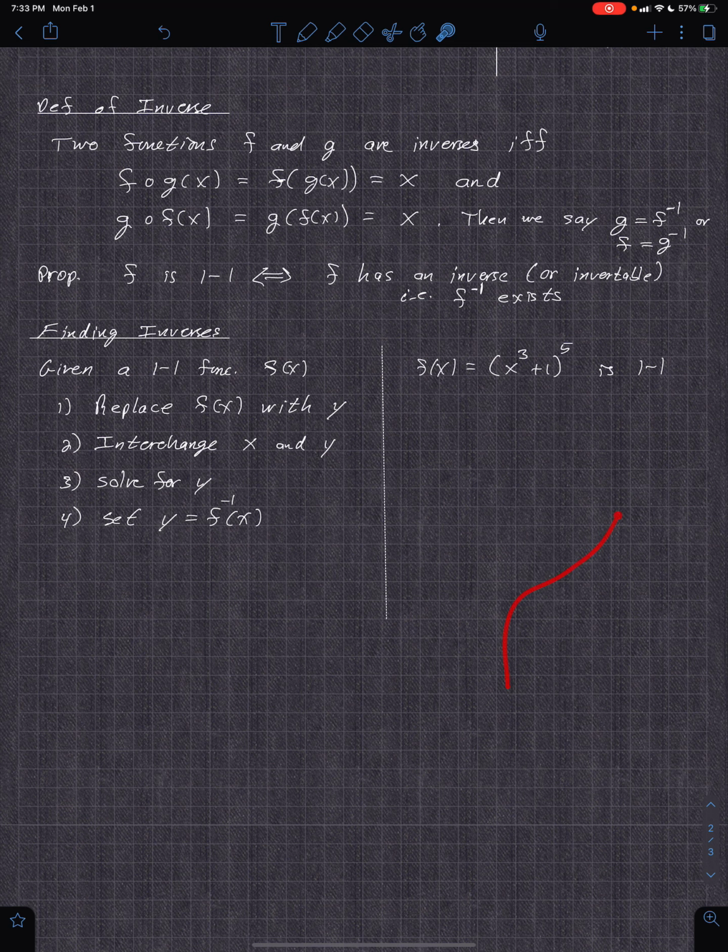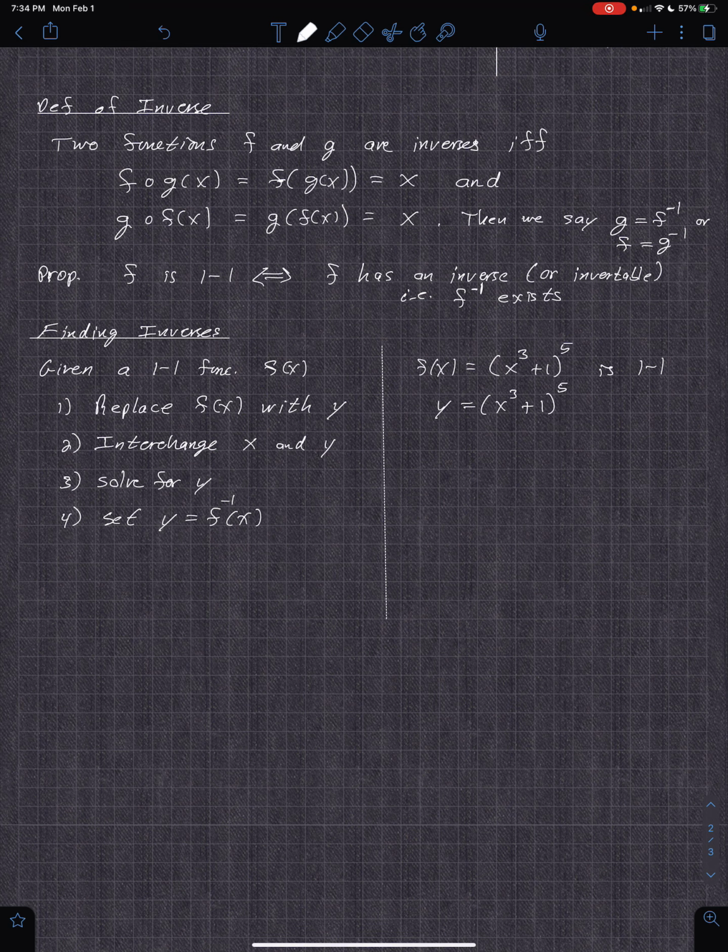So it basically does that kind of thing. So then, when you solve it, you do a fifth root. So then you don't have to worry about the negatives and stuff. So replace f of x with y. So y equal to x cubed plus 1 to the fifth. Now what?